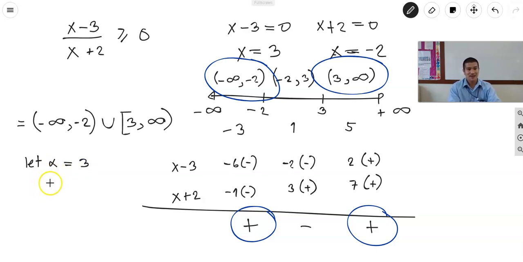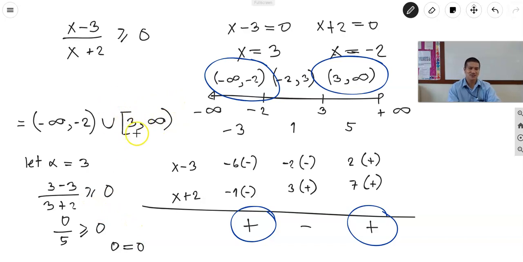Therefore, you will have 3 minus 3 over 3 plus 2 greater than or equal to 0. So 0 over 5 greater than or equal to 0, which is 0 equal to 0. Therefore, 3 is included in the solution. In fractions, you only consider whether the denominator is 0. But if the numerator is 0, no problem for that. Okay, so the result will be 0.